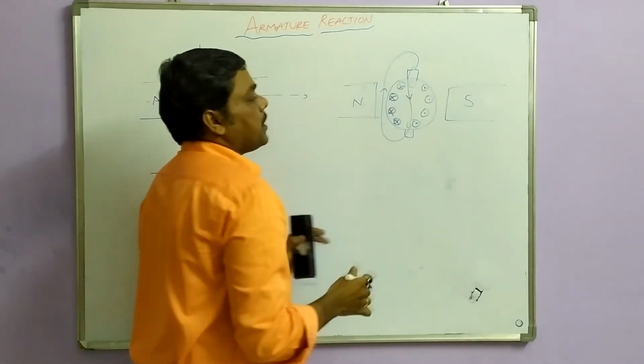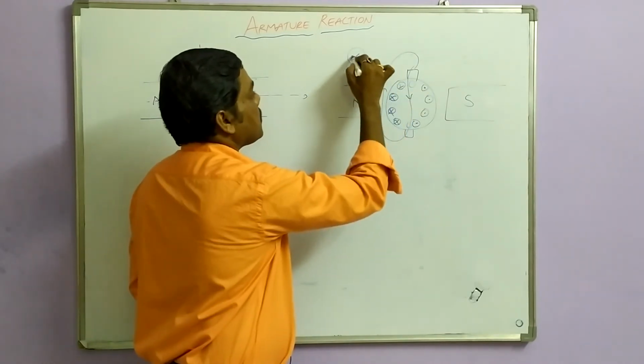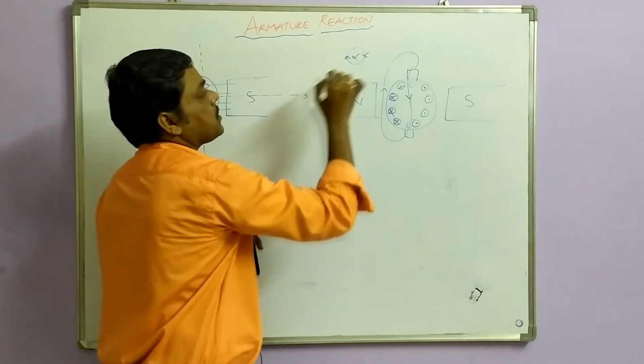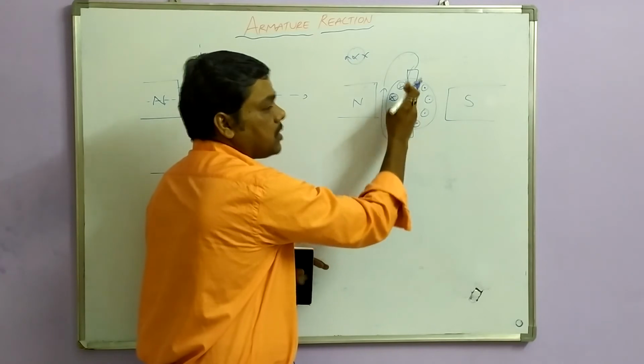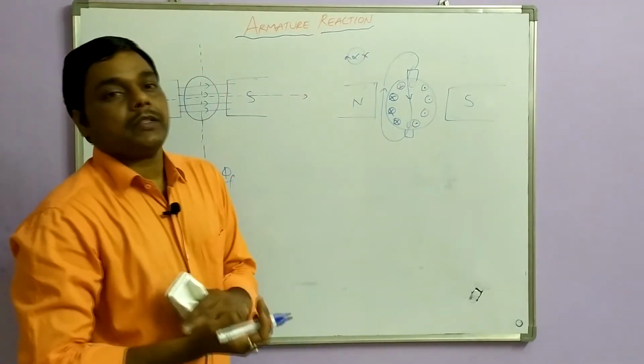You can also draw other lines, but suppose this is your cross, and you can see the direction of the magnetic field here. So the flux from the middle section is downwards, and for the left side section it is going in the upward direction.